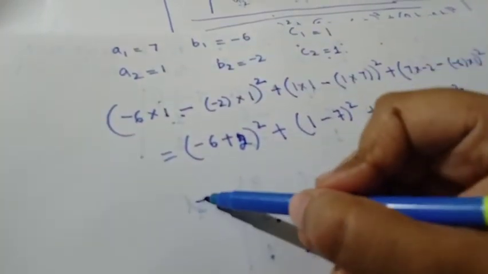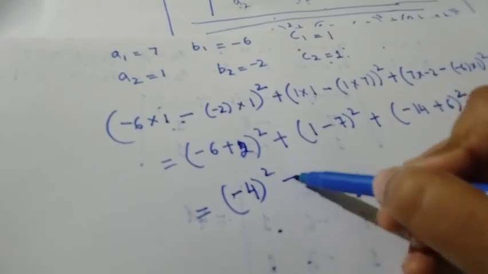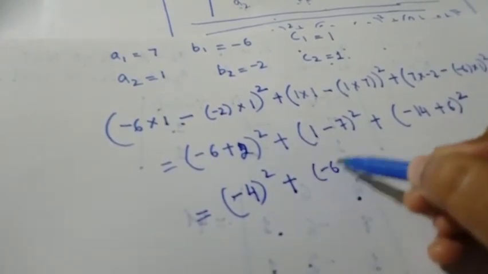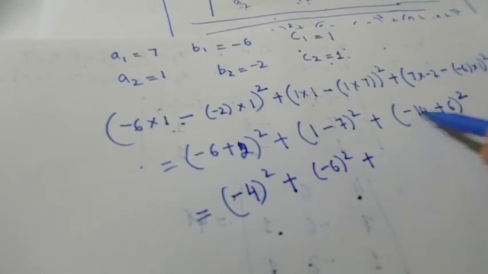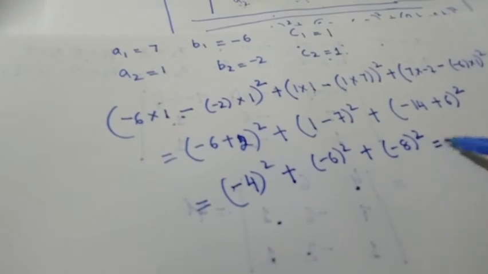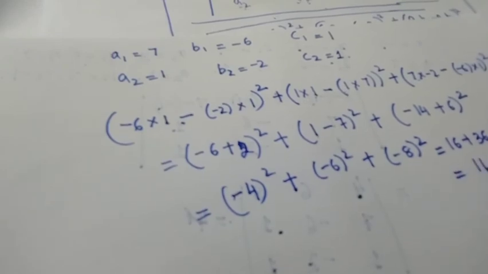So this is equal to minus 4, plus minus 6, plus minus 8, whole square. Which is equal to 16 plus 36 plus 64, which is 116 again.